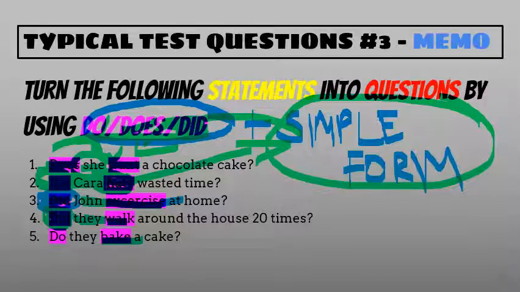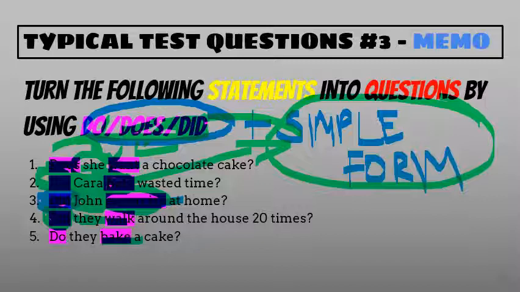Does or did. My third statement was John exercised at home. Now my subject is singular, but my verb was in the past tense, so it doesn't really matter. I'm always going to start my sentence with did then. Did John exercise, the most simple form of my verb, at home?